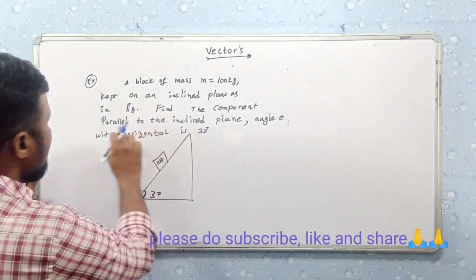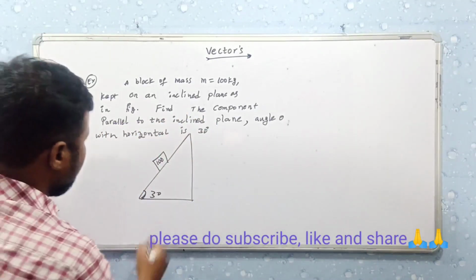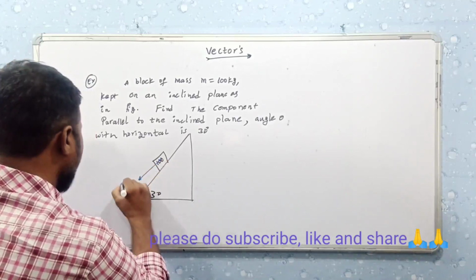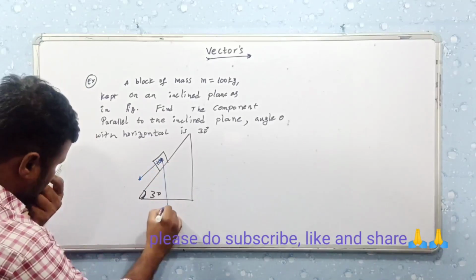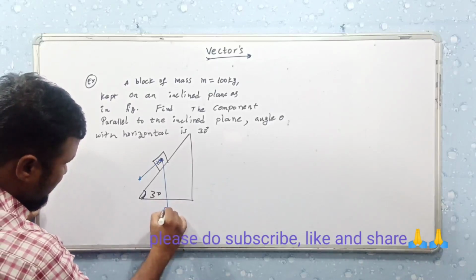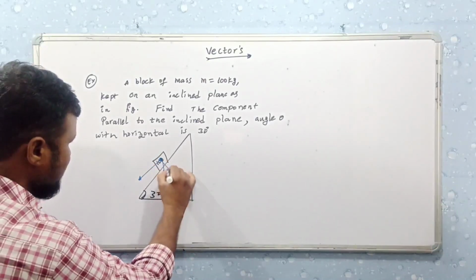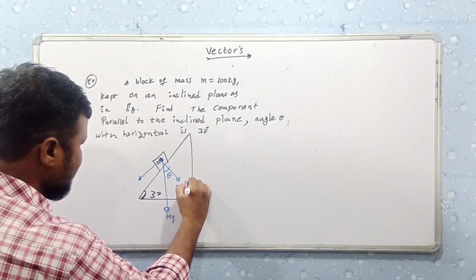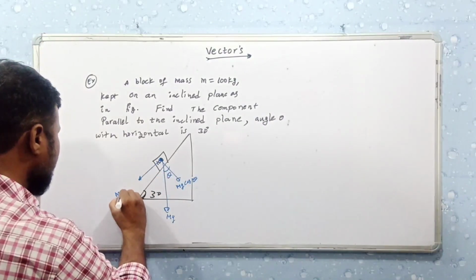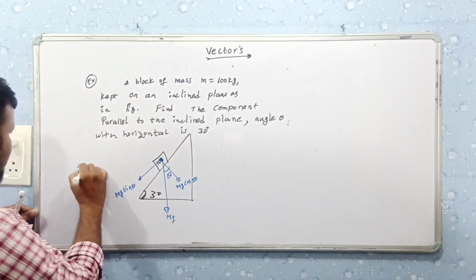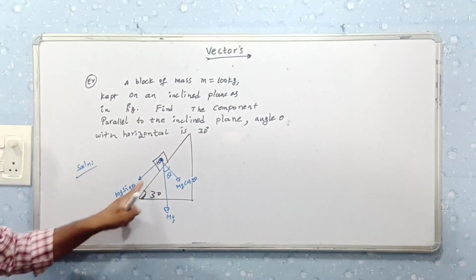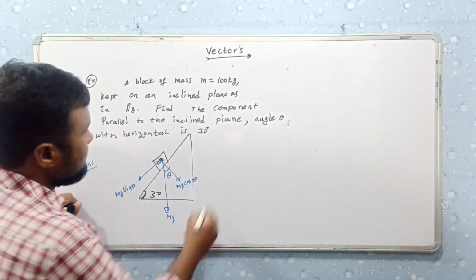I want to find the component parallel to the inclined plane, meaning this component. If I split weight mg into two components, this has to be theta, mg cos theta, this is mg sin theta. We have to find mg sin theta only, that's it.